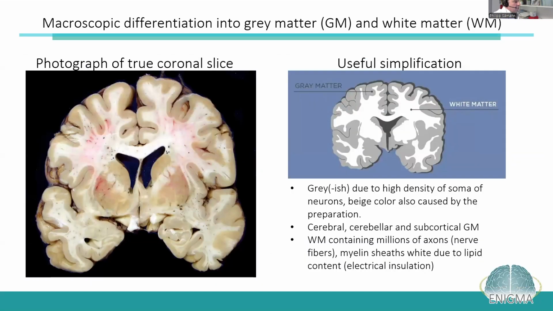Now, if you look at one brain slice in more detail, one can immediately see it is mainly consisting of two intensity or color compartments, the more beige grayish part and the white part. The gray color comes from a high density of somas of neurons. And of course, to a certain degree, the color is also caused by the postmortem preparation.